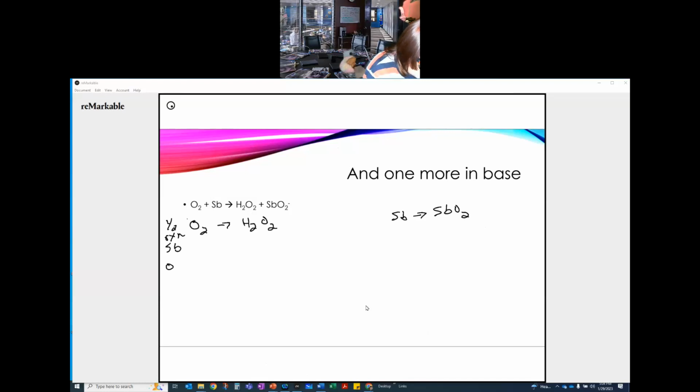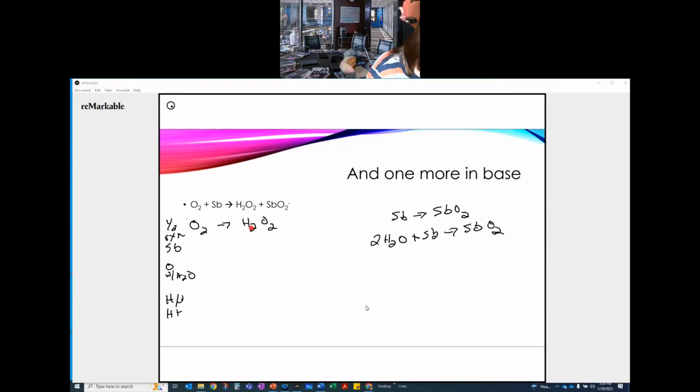So now we're going to deal with the oxygen with H2O. I have two oxygens on the O2 side, that's fine. Over here, not so fine. So I need 2 H2O plus Sb to give me SbO2. Now, when I get to the H with H plus, this one is a mess.